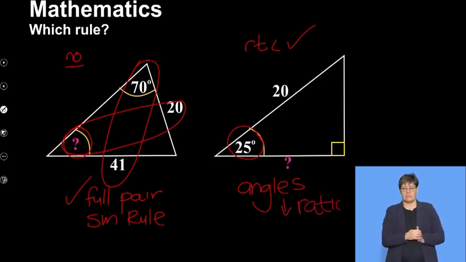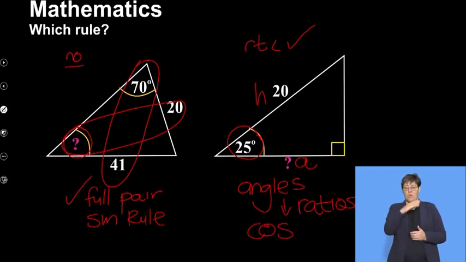Depending on what you wanted to find, because you wanted to find the adjacent side and you're given the hypotenuse, you're going to be using cos 25 is equal to A over H to begin solving that triangle.